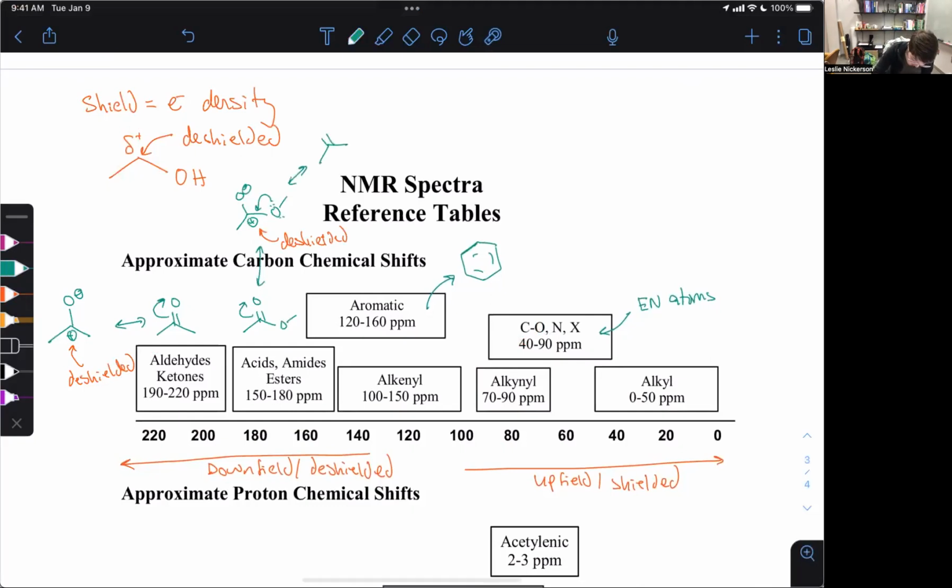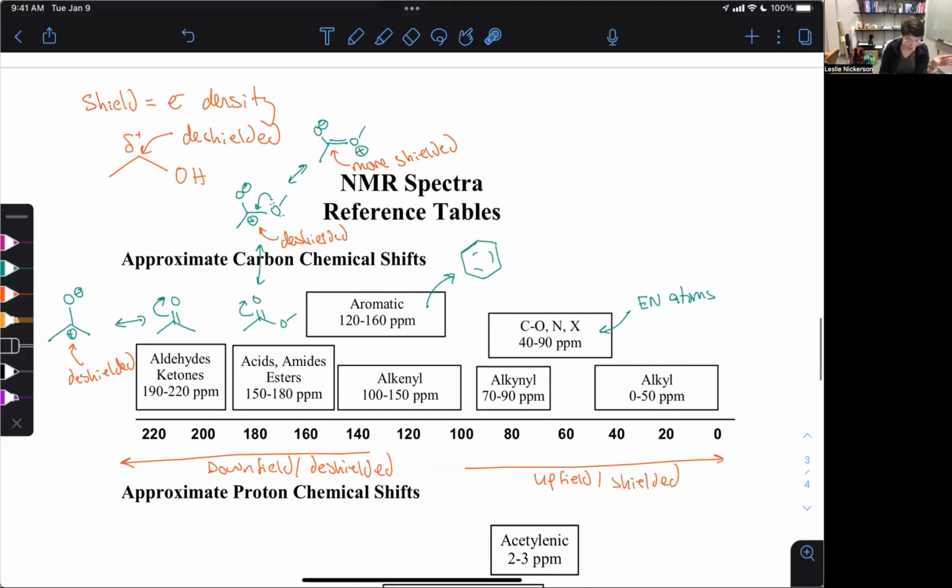And now it's a little bit more shielded. That's why we see the acids, the amides, the esters, anything with lone pairs right next to the carbonyl, those can give us that shielding effect. Then we push a little bit more to the right, to the more shielded side. That's why aldehydes and ketones are going to be your very furthest.